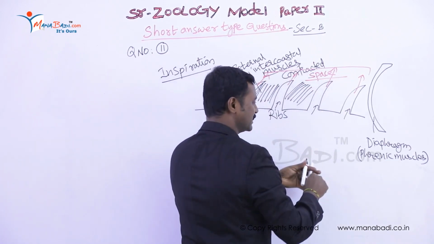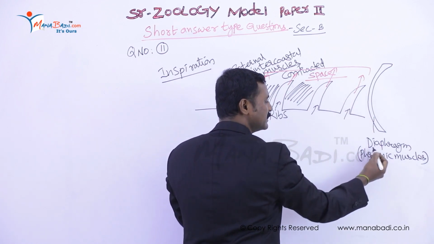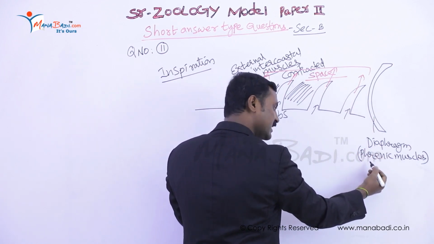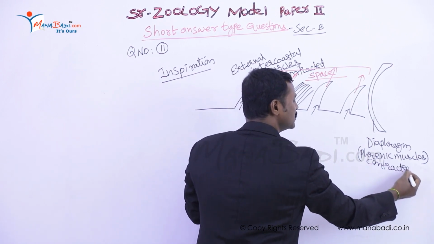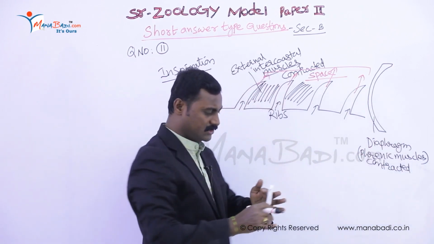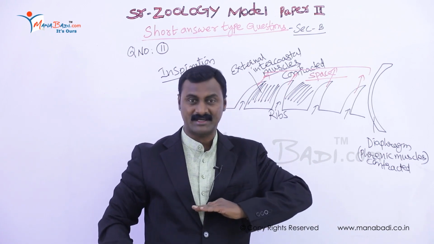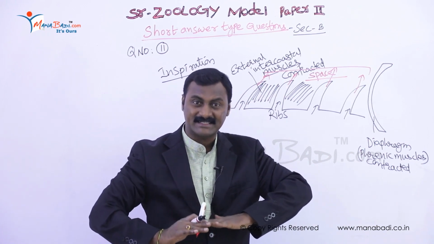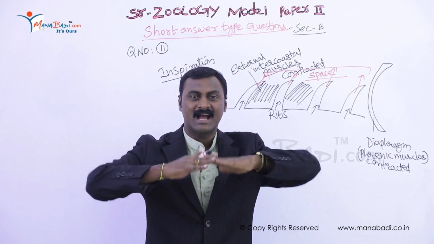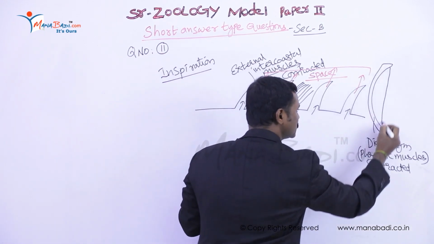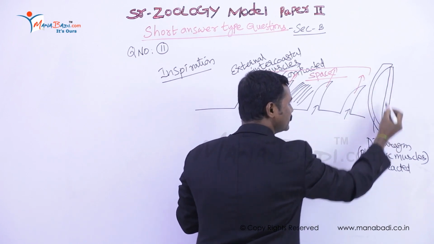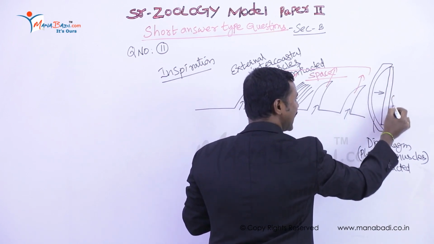Next, the muscles in the diaphragm, the phrenic muscles, are also contracted. Because of this contraction, the diaphragm, which I told you is dome shaped, suddenly becomes flat. You can see in the diagram that it became flat.